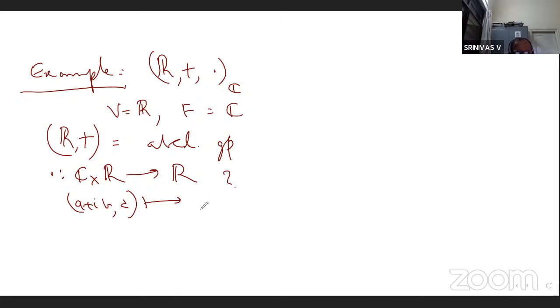I want to multiply c by a plus ib from left. This is the usual multiplication of a complex number and a real number. This can be treated as usual multiplication of complex numbers. So what is this? a into c plus i into bc. So this scalar product is defined like this.